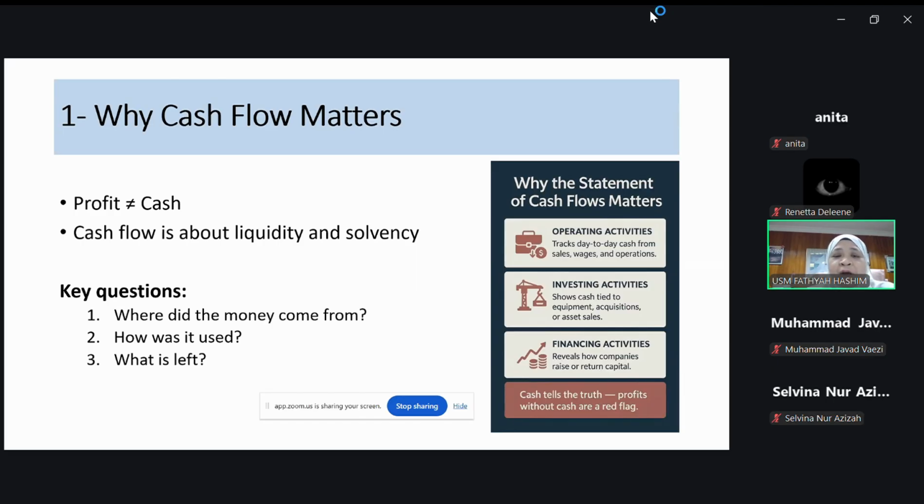Not necessarily if we are following the accrual basis. But if a company is using cash basis accounting, then the profit is equivalent to cash. But in the normal operation of big companies and also listed companies, we are required to use accrual basis accounting. It is the standards, or the principles of accounting, that we need to follow, right?